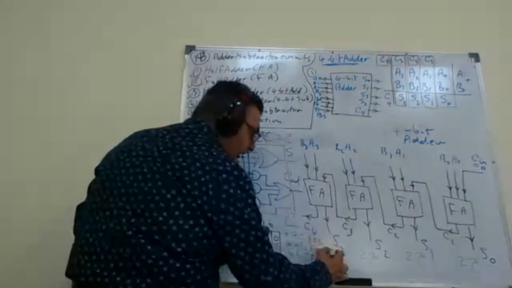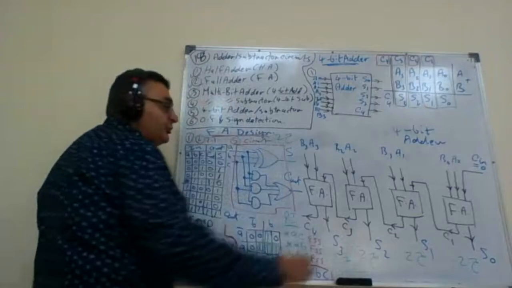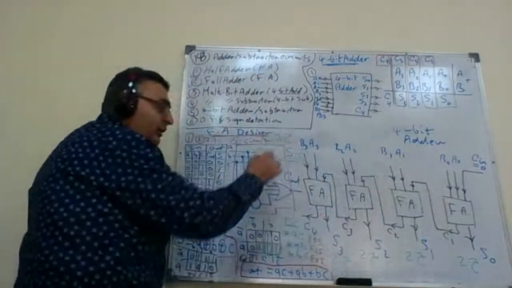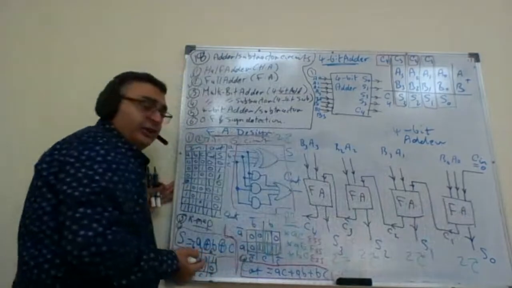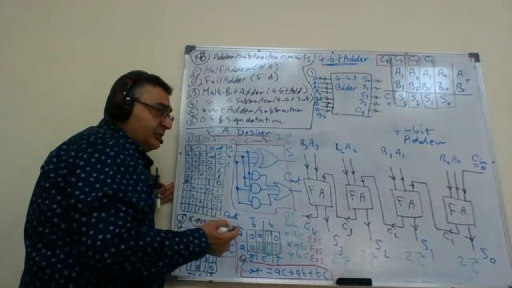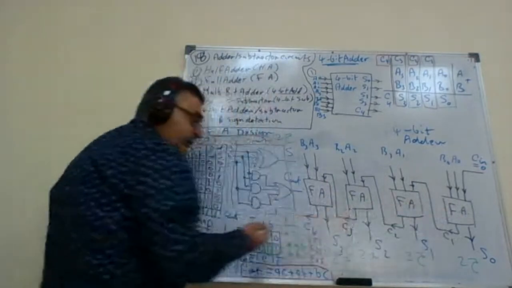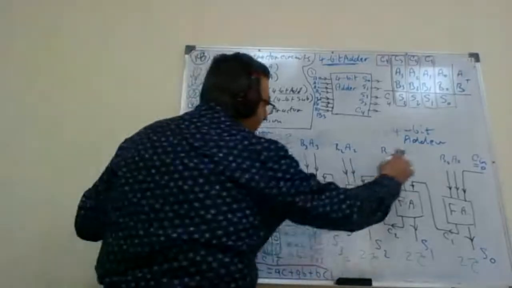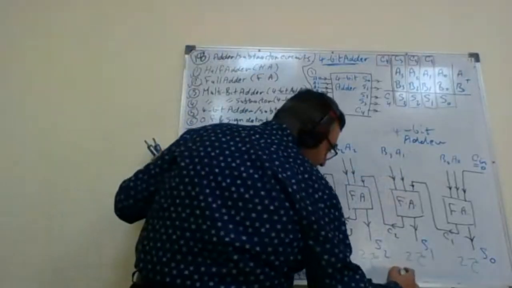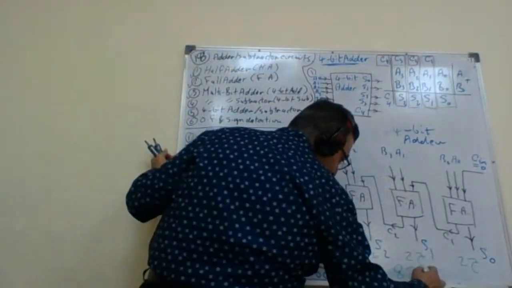In the fourth one, it has another 2 tau delay. So as a total, I'm looking for the critical path delay. The critical path delay for the circuit is the longest delay of the circuit. So the delay to get the last output, called C4, the total delay for my circuit is 8 tau delay.